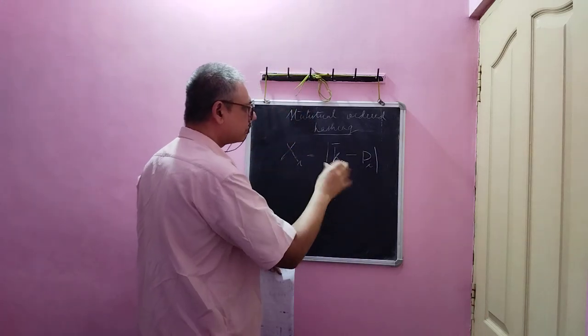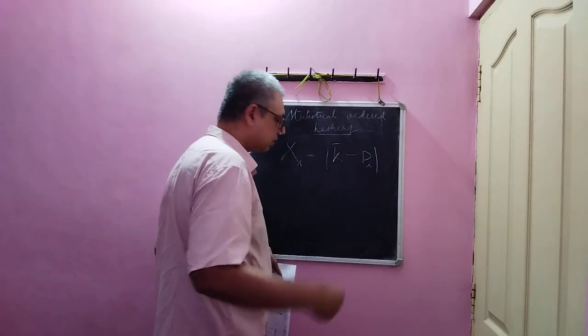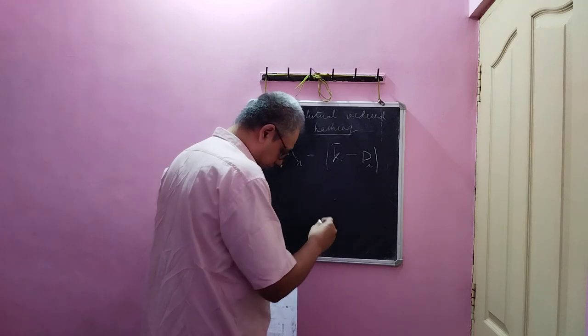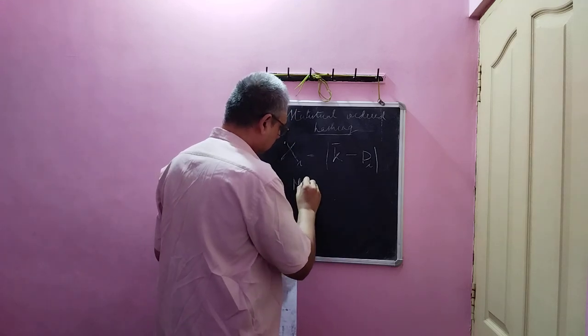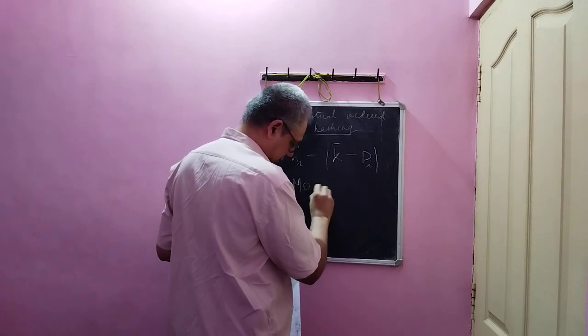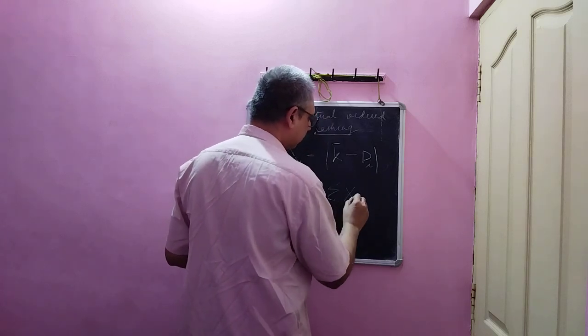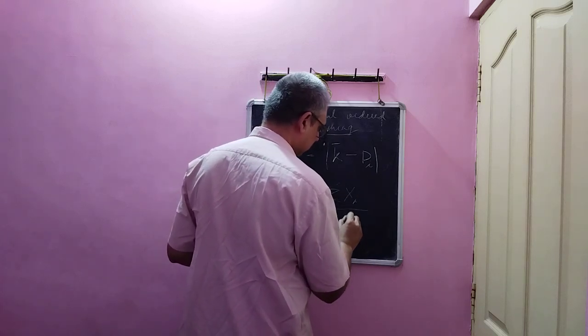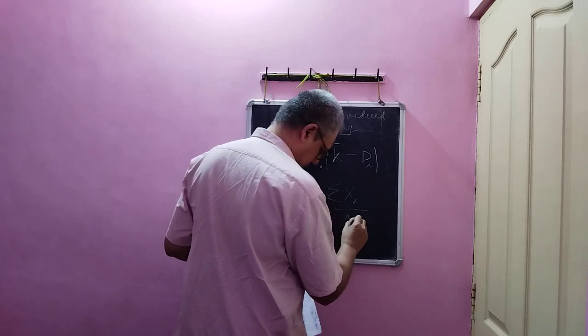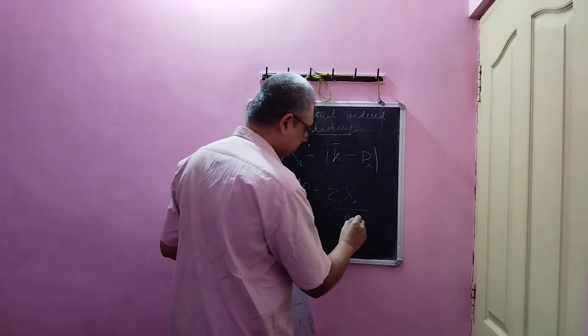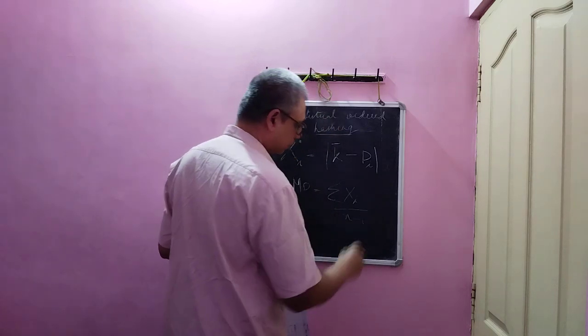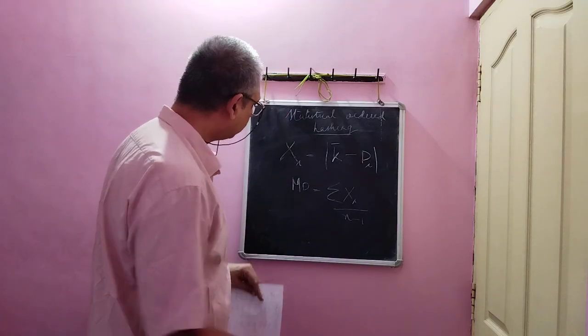Then the mean distribution of the differences between them would be md equal to the summation of xi by n minus 1.